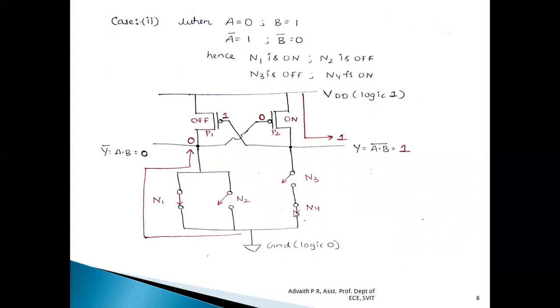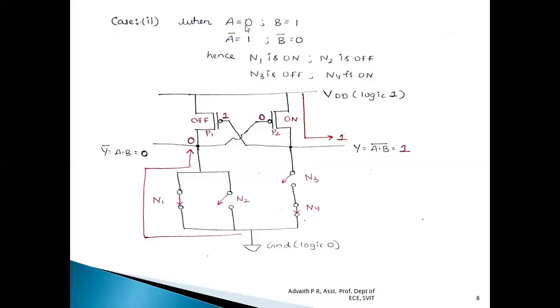So because N3 is off and N4 is on, this complete path can be discarded because logic level 0 cannot pass through this, as N3 is an open switch. There is only one possibility that logic level 0 can be transferred, that is, logic level 0 or ground can be transferred from N1, that is the only path, and it reaches this particular point, which is in turn connected to A dot B, whose output will be equal to 0.